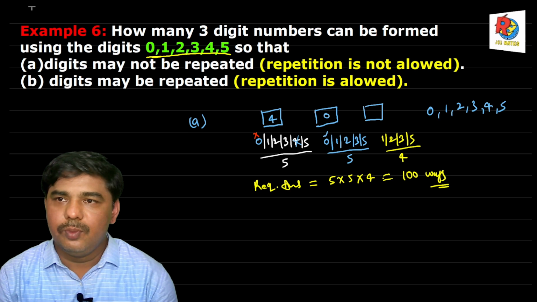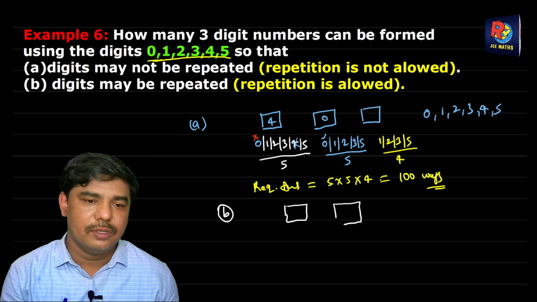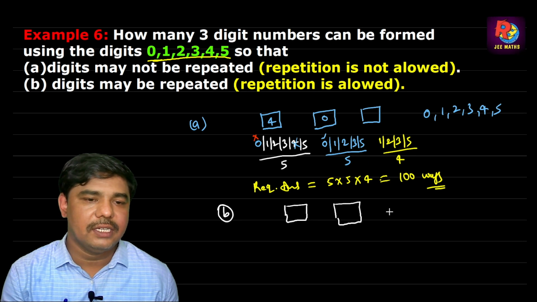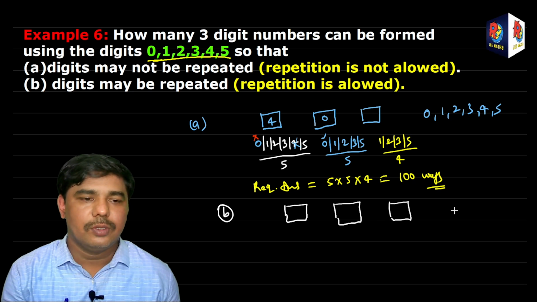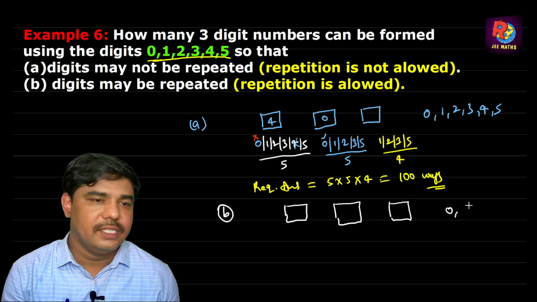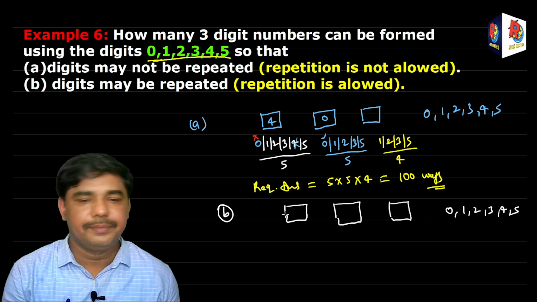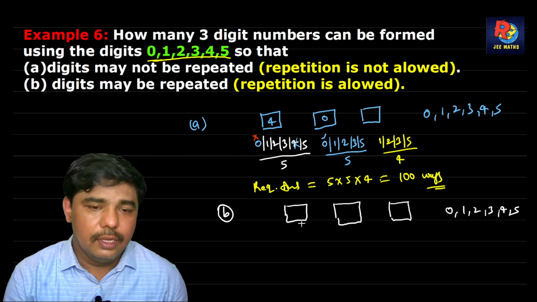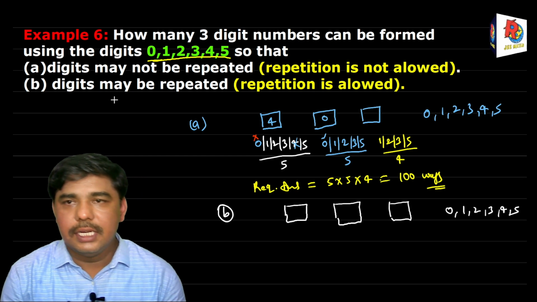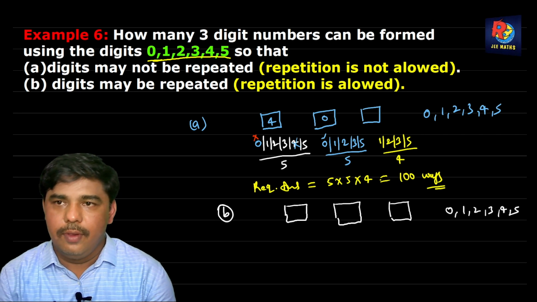Now we are going to discuss when repetition is allowed. The digits are 0, 1, 2, 3, 4, 5. Again you need to remember, in the 100th place it is not possible to fill up the 0.